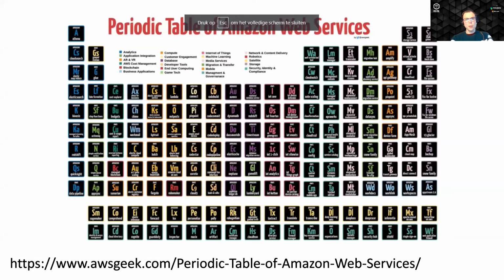So of course, these color codings and categorizations have been done by the community for AWS as well. You see a periodic table, which states all the services in a handy color coding for everything that's compute or everything that's machine learning.